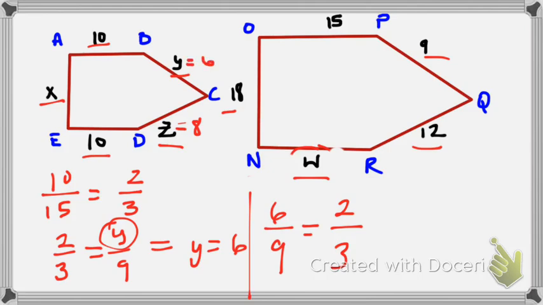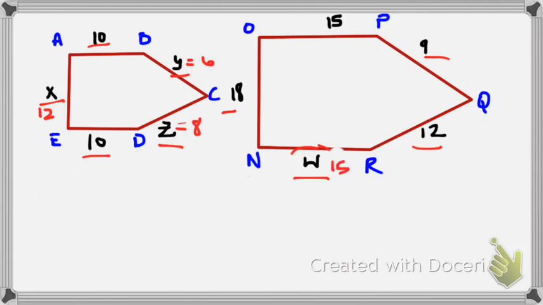I'm sorry, X was 12, not 8. X was 12. And W is 15. Now, since we've already done all the legwork and figured out all the sides, we can just simply add up all the sides to calculate the perimeter.